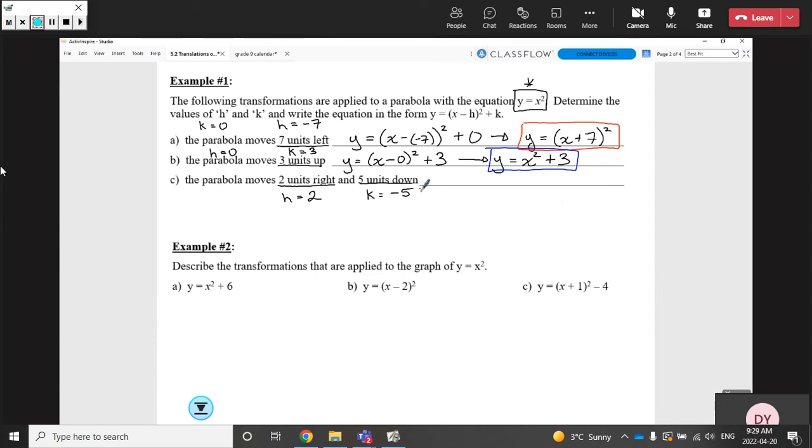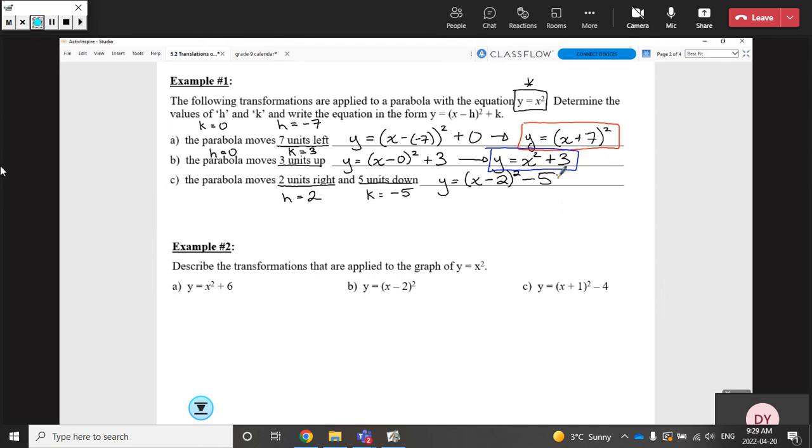So our quadratic is going to look like this: y equals (x minus 2) squared minus 5. That's a great one. That's maybe where we're headed. Any questions about that? Okay, great.